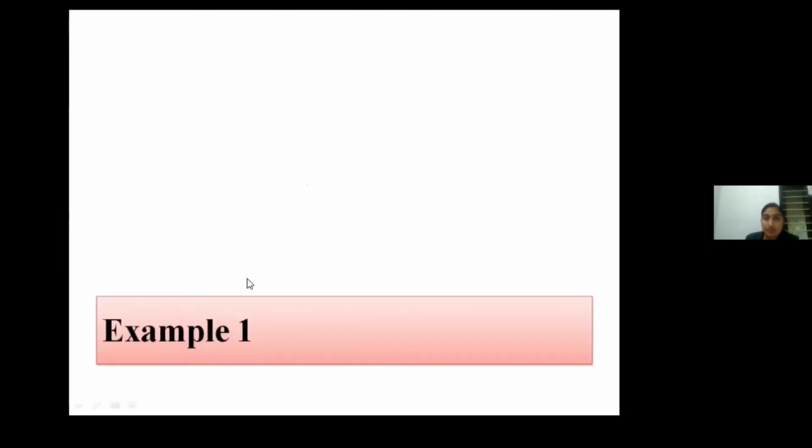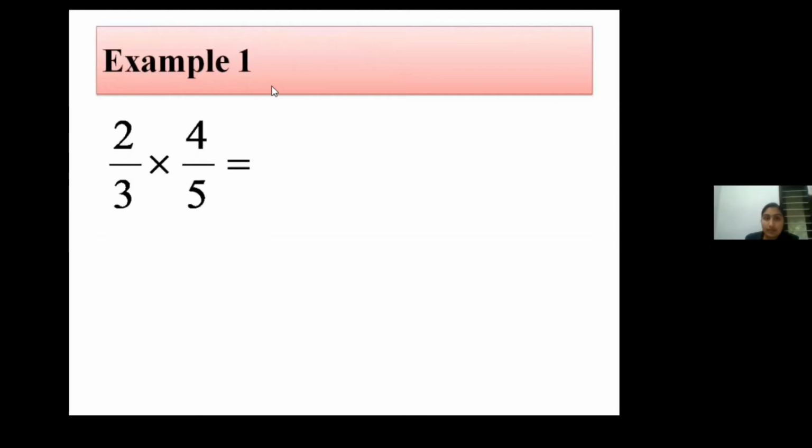Let us see one example. Example 1: 2 by 3 into 4 by 5. These two numbers are fractions. In 2 by 3, the numerator is 2 and the denominator is 3. In 4 by 5, the numerator is 4 and the denominator is 5.